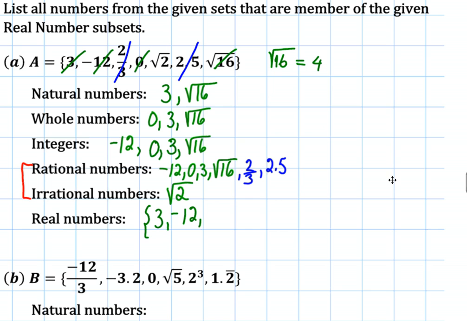You could write it over, or you could just say A. One thing to be mindful of, although we know square root of 16 is equal to 4, we have to continue to use square root of 16 in our list.